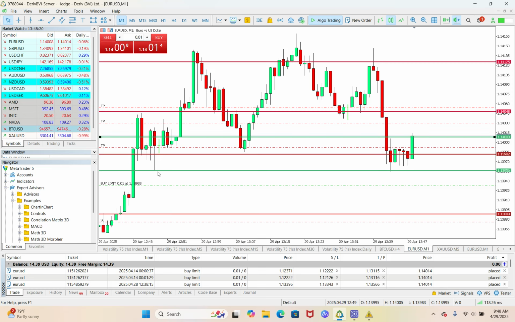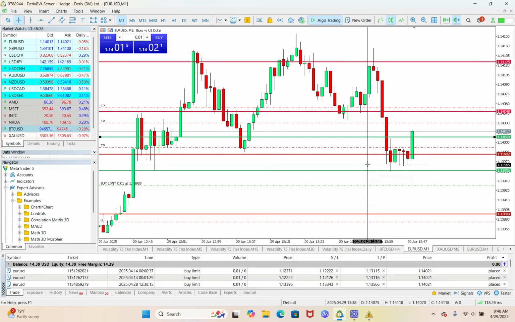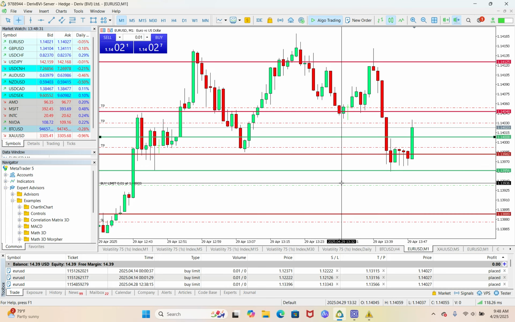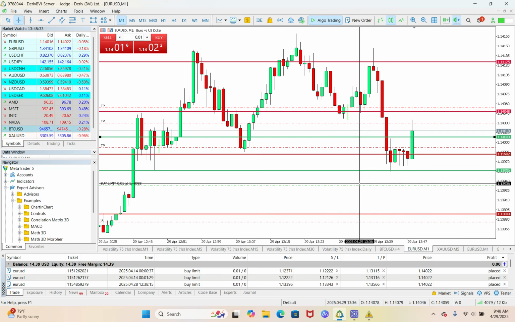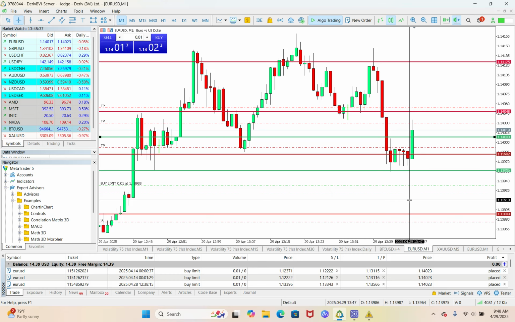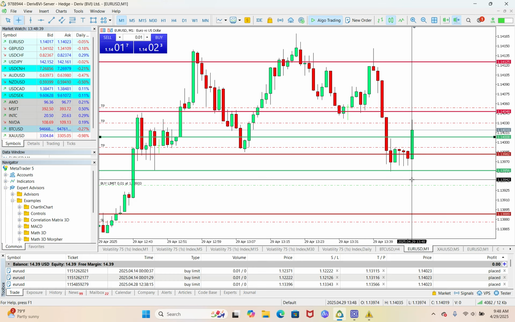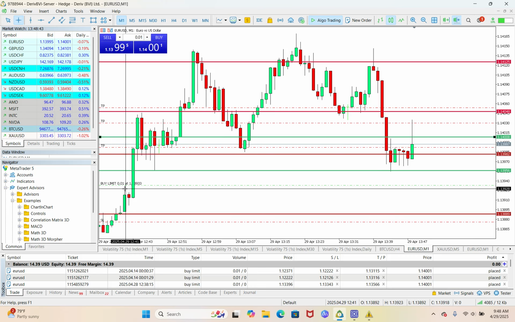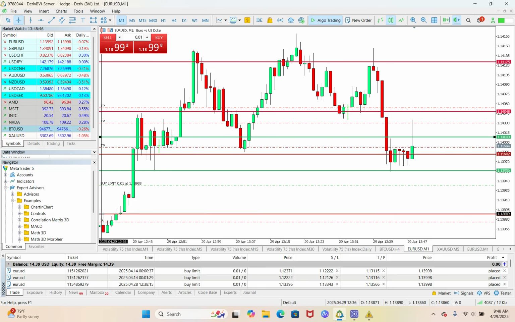But as you can see, this is a good sign. The market is having problems coming back into this area, which is an indication that when the market comes back, we might have strong buy pressure in this area right here.